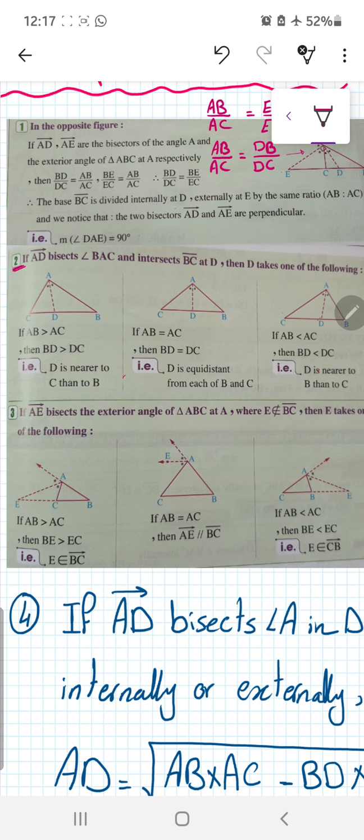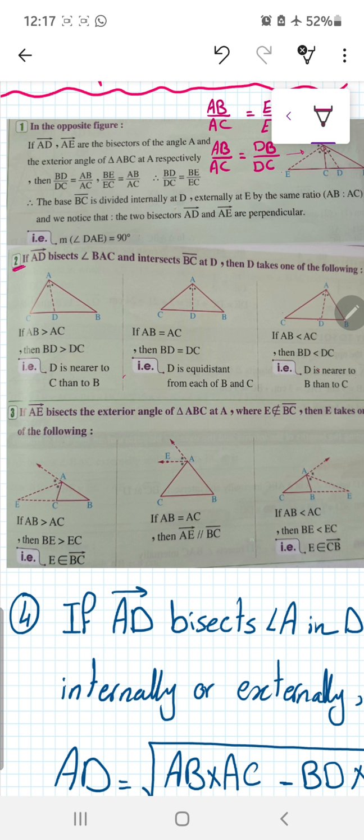Another remark, in the three figures, AE bisects the exterior angle of the triangle at A. First, if AB is greater than AC, we get BE is greater than EC. It means E belongs to the ray BC.